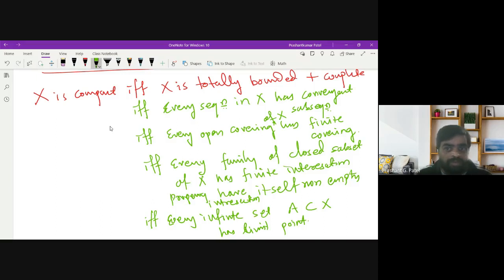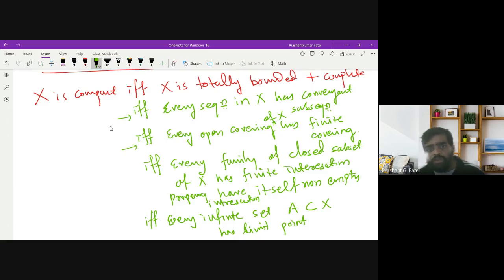For example, someone can assume this statement as their definition, and they may prove that it is totally bounded plus complete. Some of the books have taken this as a definition, and they prove the other statements as results. So if someone wants to take a project on that, they can also take it. Use the different reference books, maybe Munkres, maybe G.F. Simmons.